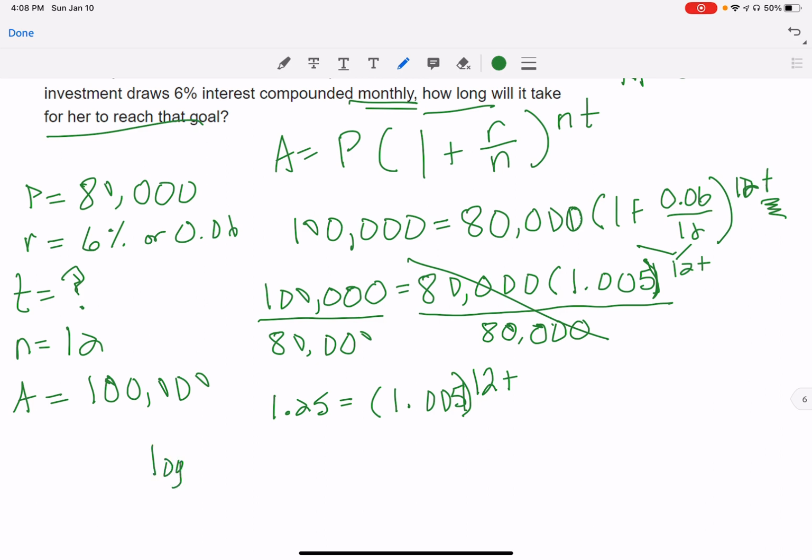So I'm going to write log base 1.005 of 1.25 on this side, equals the log base 1.005 of 1.005 to the 12t on that side.